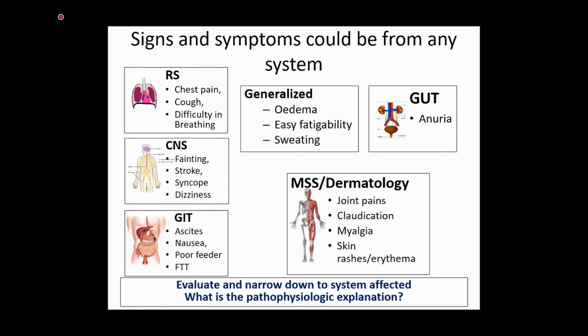CNS, they might have syncope, dizziness, fainting attacks. And generalized things, usually for other diseases: joint pains or claudication, myalgia, skin rashes. So please focus, evaluate, and narrow down to the system affected and what else could be the cause. Don't always assume that cough is respiratory. It could be other things, so have the pathophysiologic explanation in mind.